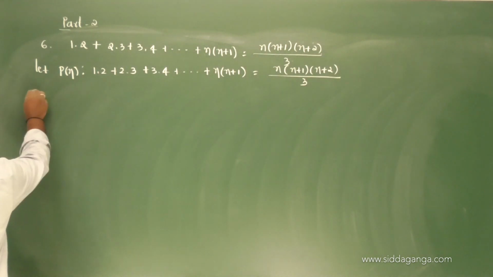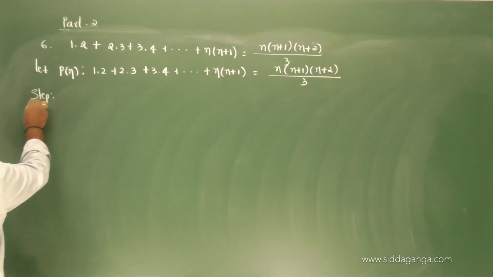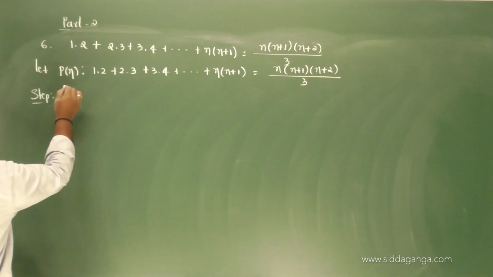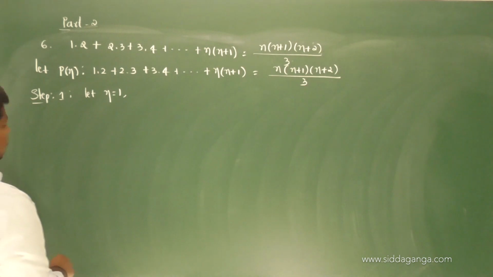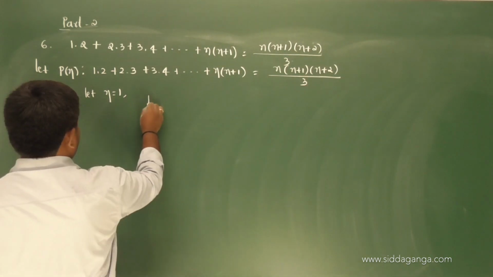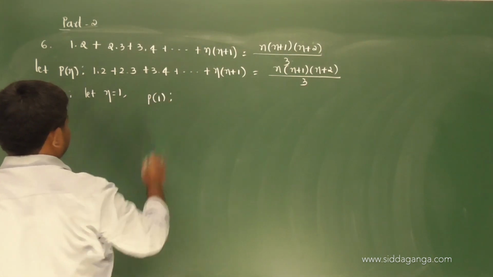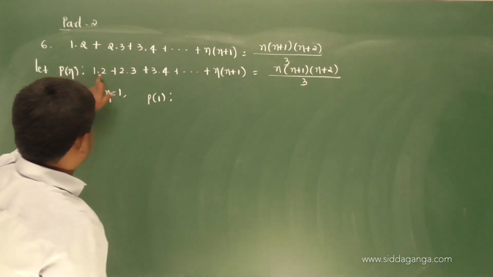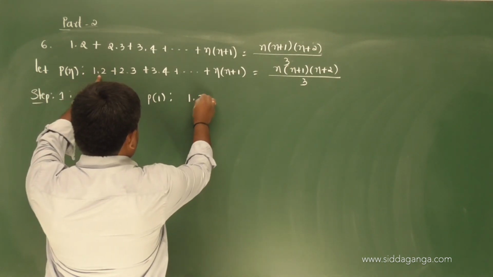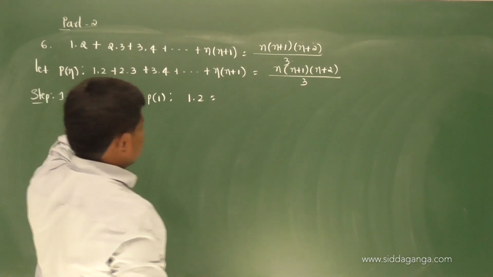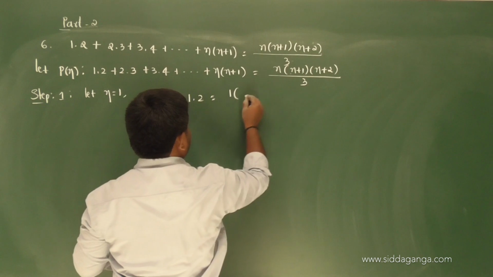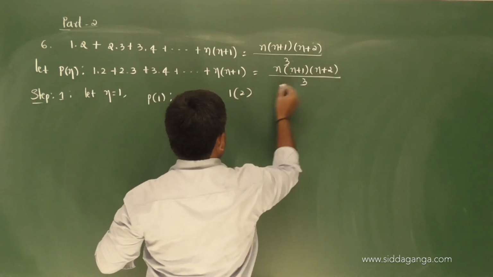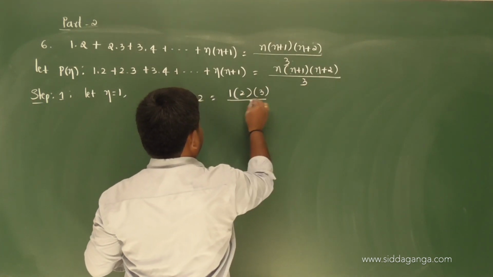Now, step 1. Proving P of 1, let n is equal to 1. So you get what? P of 1, that is the sum of the first 1 terms. First term is what? 1 into 2. LHS is 1 into 2. RHS is what? In place of n, substitute 1. 1 into 1 plus 1, that is 2, into 1 plus 2, that is 3, by 3.